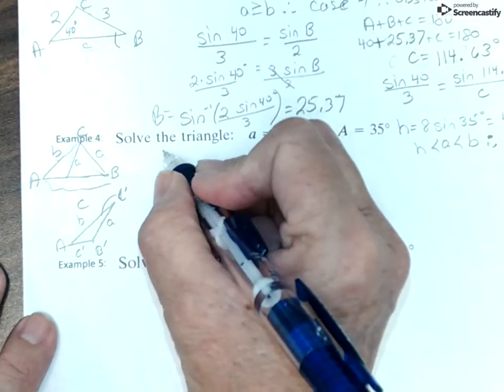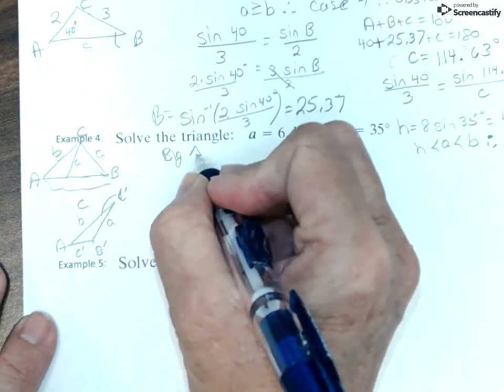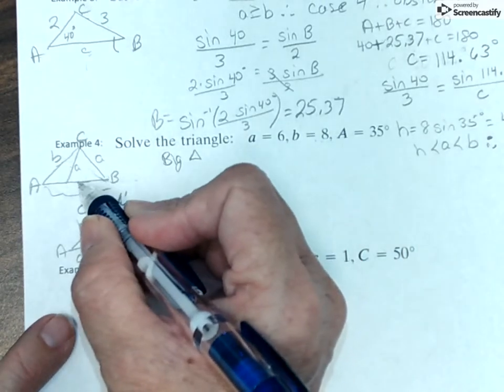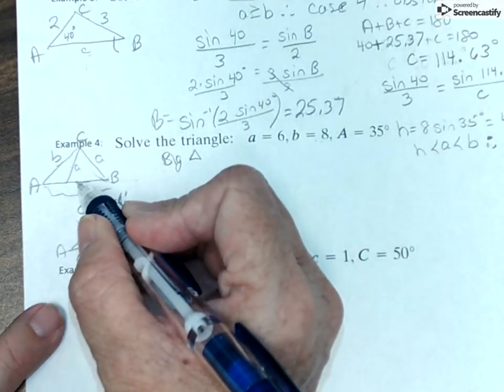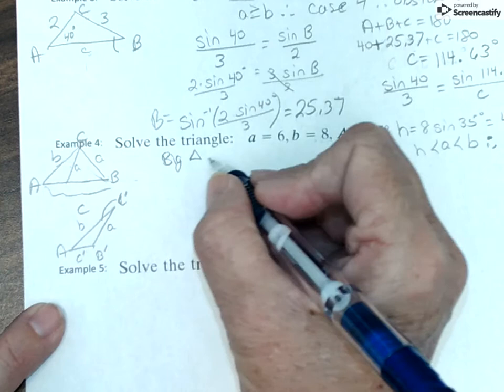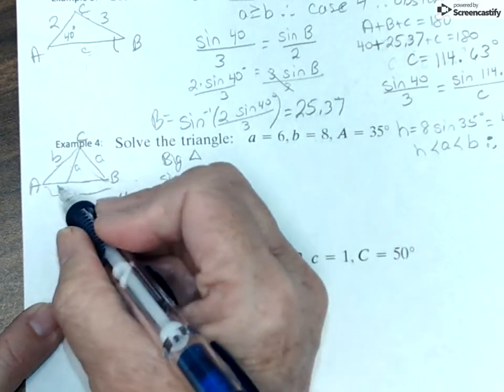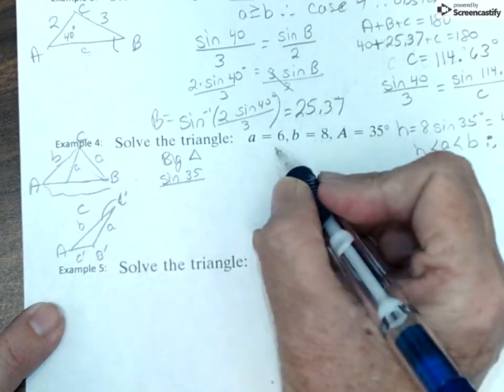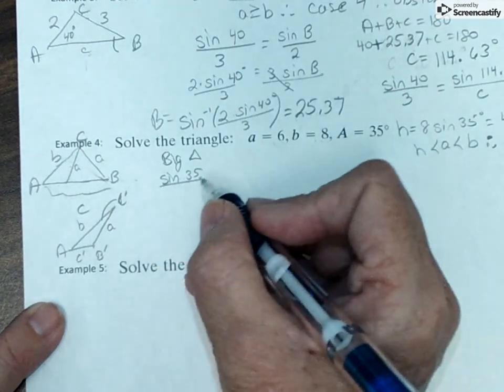So let's do our big triangle first. Big triangle, this one. Okay, so if I want to find angle B right here, I'm going to do the sine of angle A, because I know angle A is 35. Sine of 35 over side a.